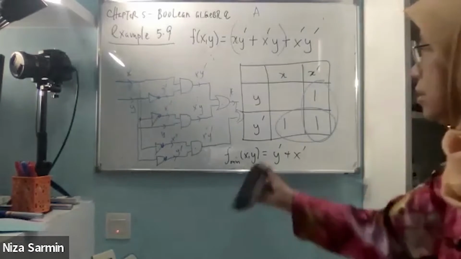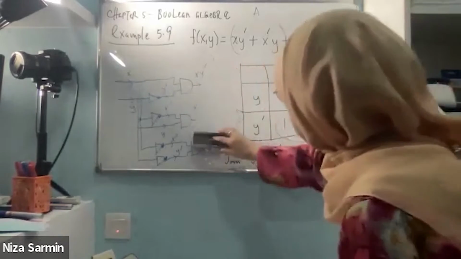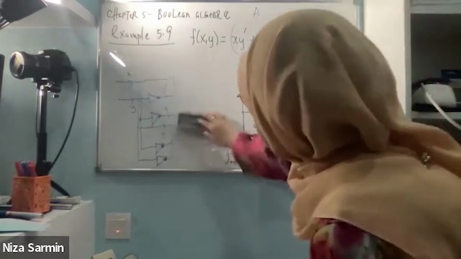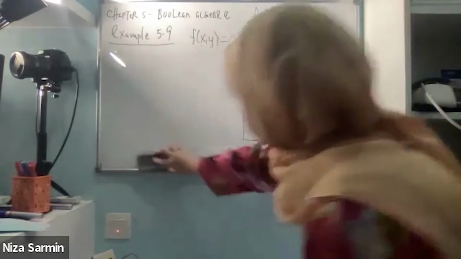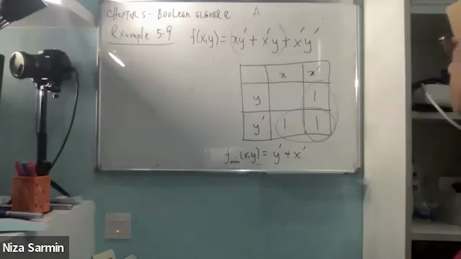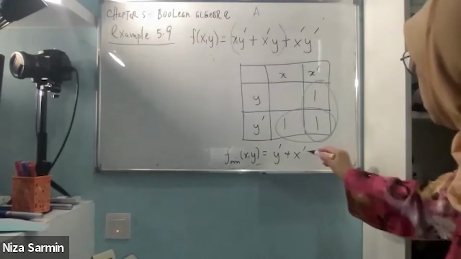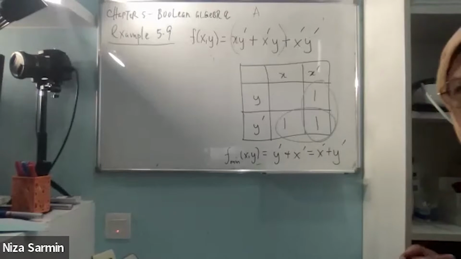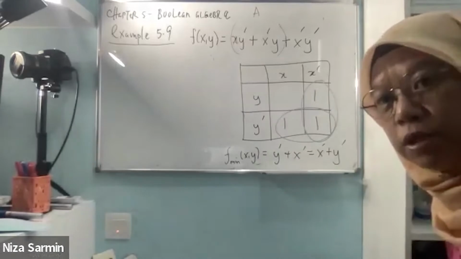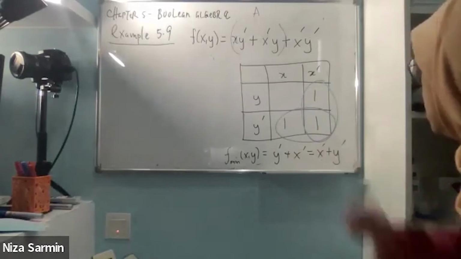Okay, I will erase this, yeah? This is also equal to X prime plus Y prime because it's commutative. Okay, so try to draw X prime plus Y prime.